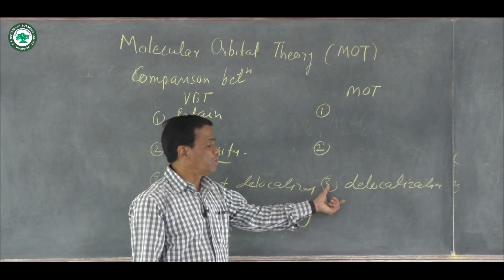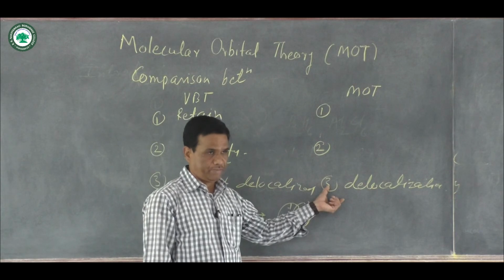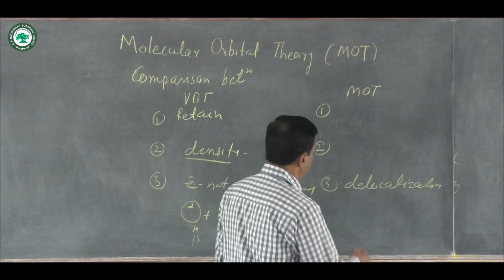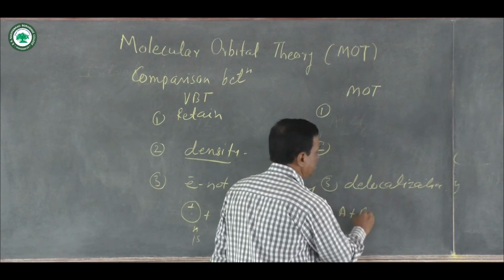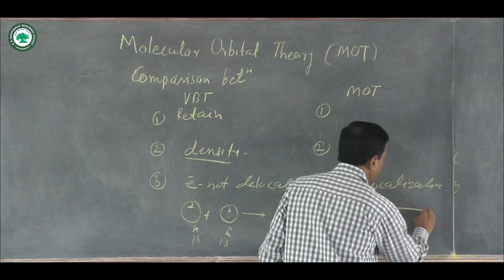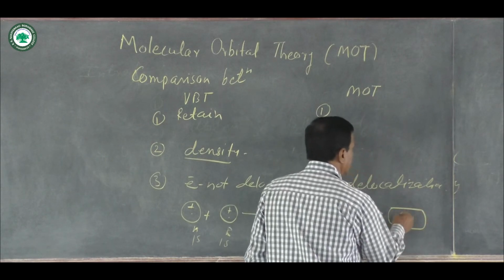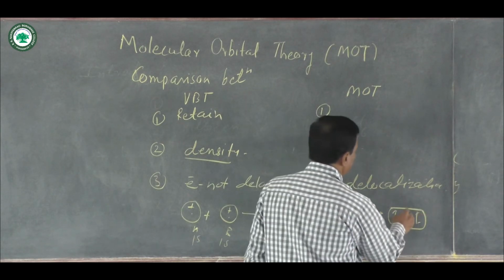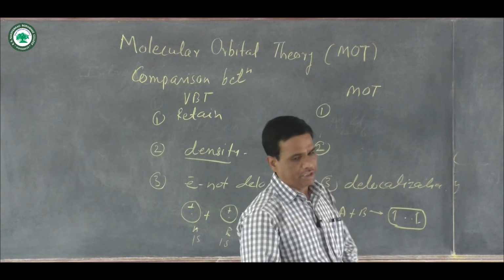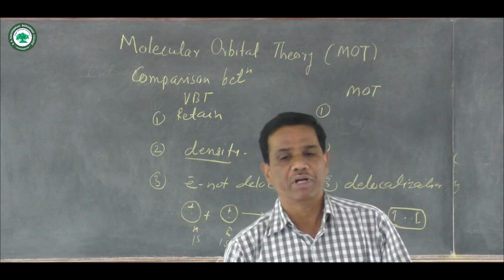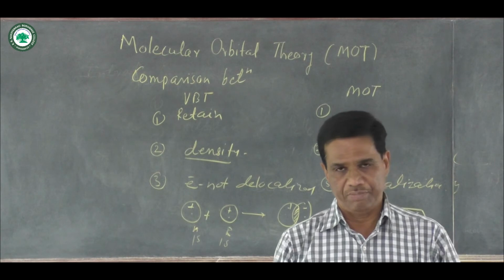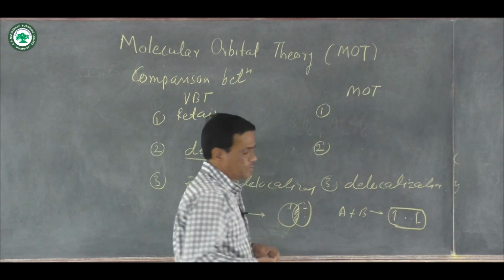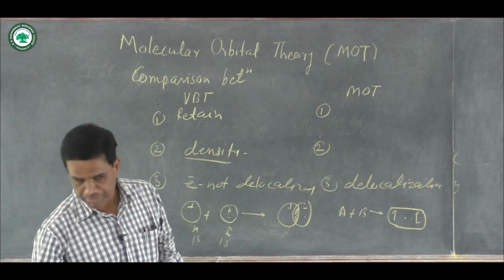But in molecular orbital theory, when atomic orbitals combine, complete A combines with B, that is A plus B, there is a formation of a completely new shape, and here is positive, and in the middle electrons are there, and there is a formation of bonding and anti-bonding molecular orbitals. And these are some comparison points between valence bond theory and molecular orbital theory.